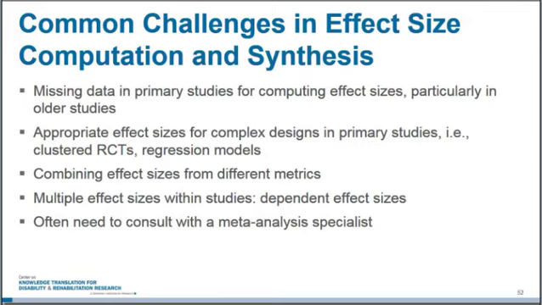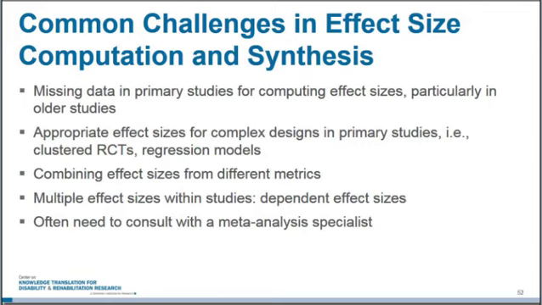It's also a problem sometimes getting appropriate effect sizes for complex designs in primary studies. There's much research going on about that. How do we get an effect size for a clustered randomized trial? How do we get an effect size from a study that only gives you the results of their regression models? You might run into issues around combining effect sizes from different metrics. What if some studies give you a correlation and other studies give you means and standard deviations?